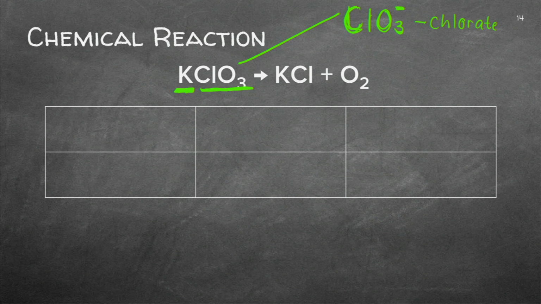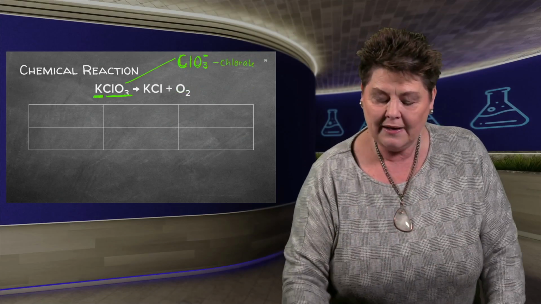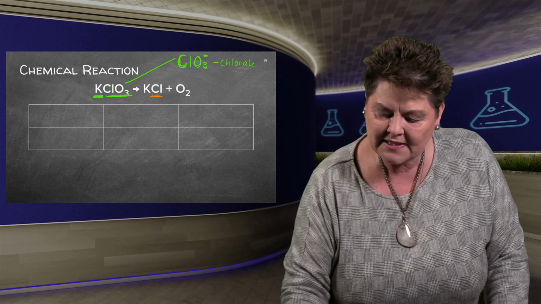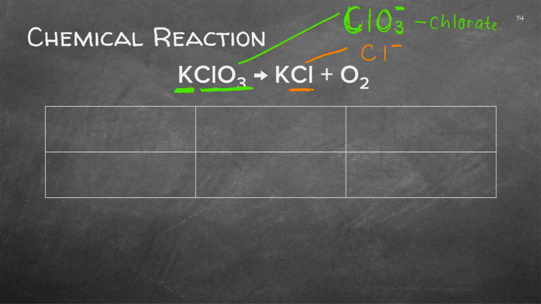On the other side, and guys, be careful, this is difficult if you don't know the ions from each other. Here I've got only a Cl, and a Cl is also a negative charge, but this is now a chloride. Can you see the different names? Because it's different substances.